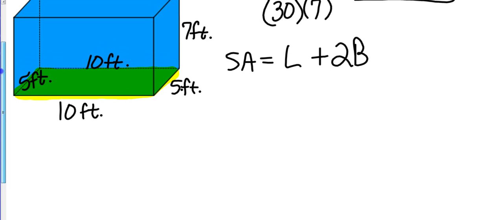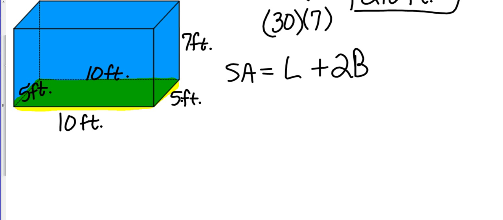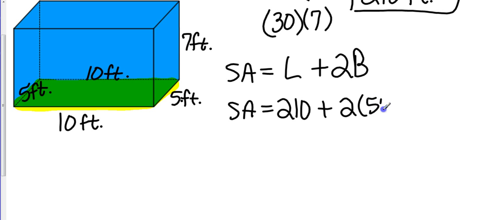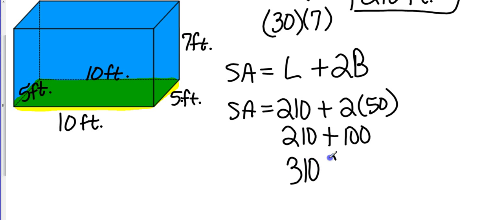Okay, so that's going to give us 210 feet. Okay, and now our base has a width of 5 and a length of 10, so that's going to give it an area of 50. And so that's going to be 210 plus 100, which is 310 square feet.